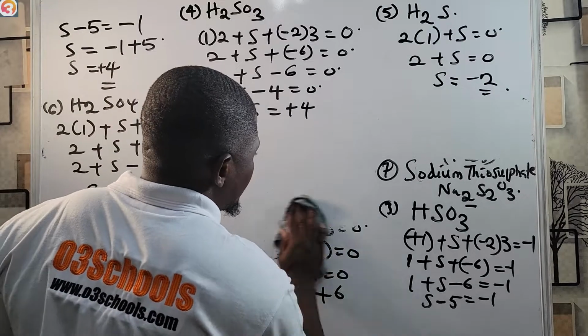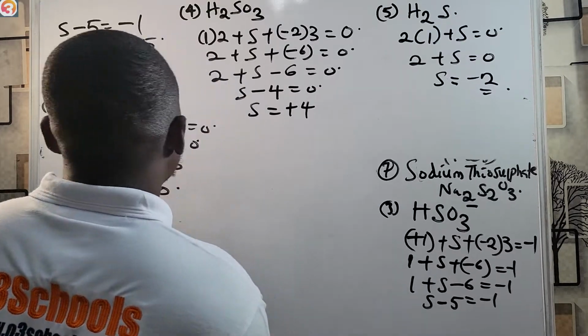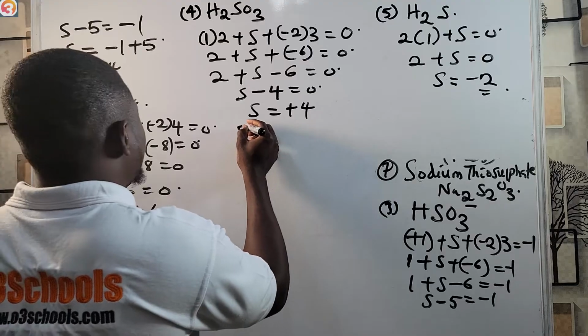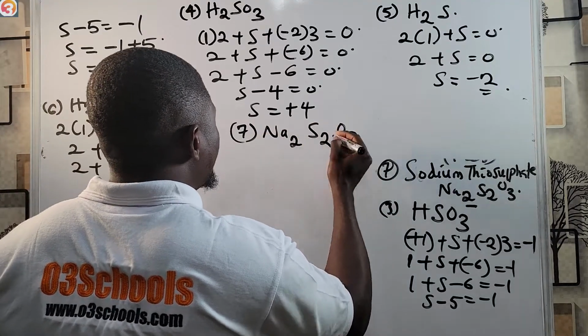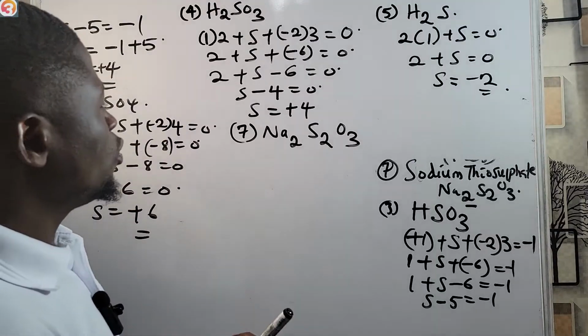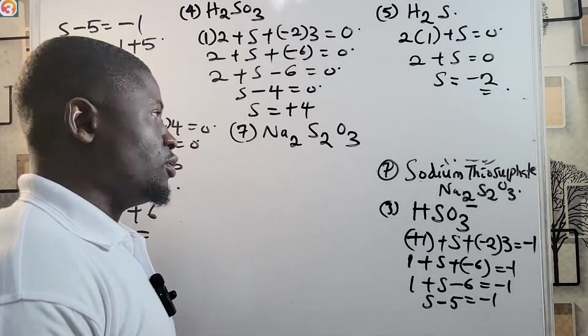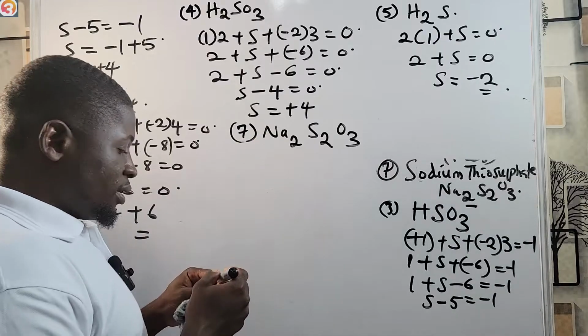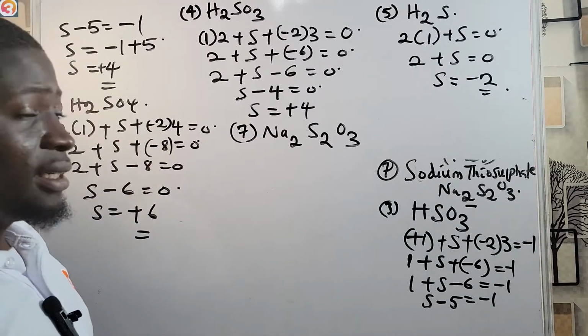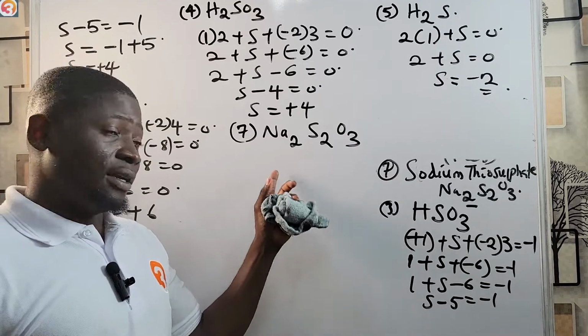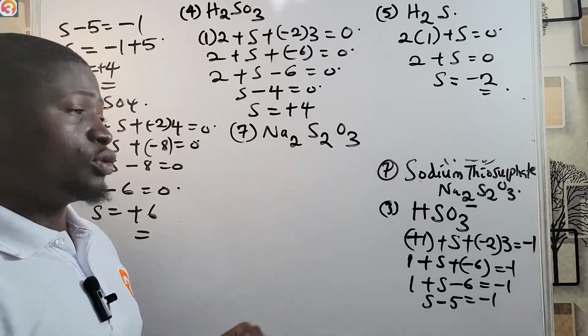Now we'll go to the 7th one, which is sodium thiosulfate, Na2S2O3. We're told to look for the oxidation number of sulfur in this compound. Sodium is a group 1 element, so it has an oxidation number of +1.